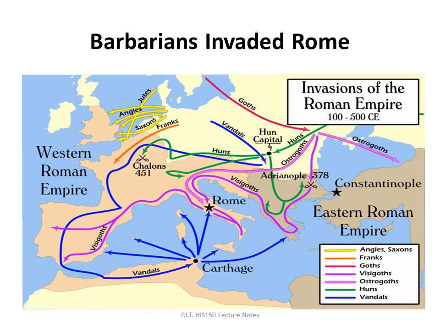So here's a map that'll tell you exactly how the barbarians came in. Remember Carthage, that was destroyed in the Third Punic War? Well, the Vandals came through Carthage into Sicily and the smaller islands and easily into Rome. Then you had the Visigoths, the Chalons, the Huns, the Vandals.